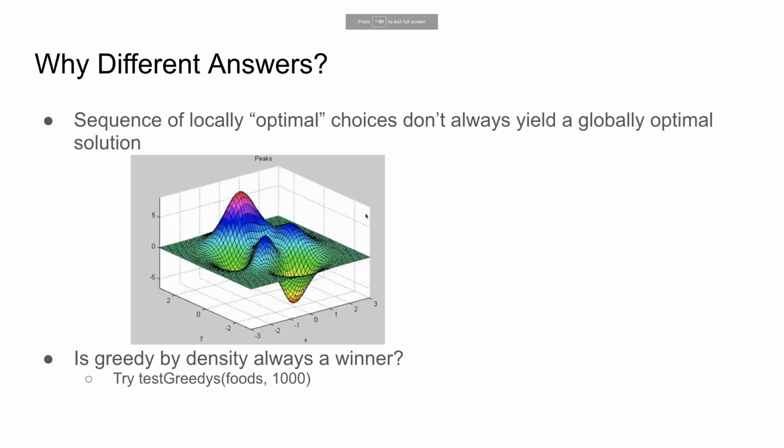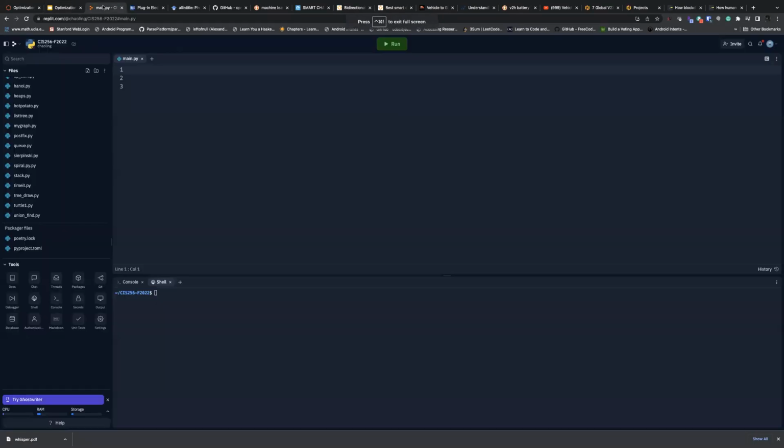Okay, let me actually try this in code, right? So first of all, let's define a class of food. In the function, right?